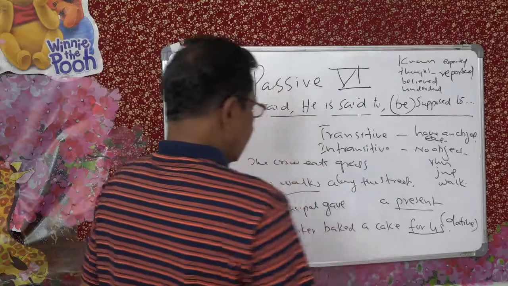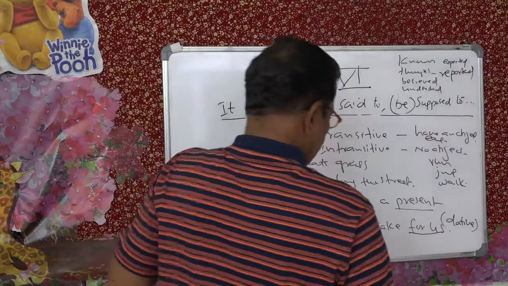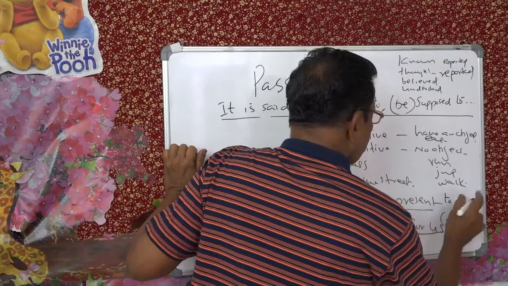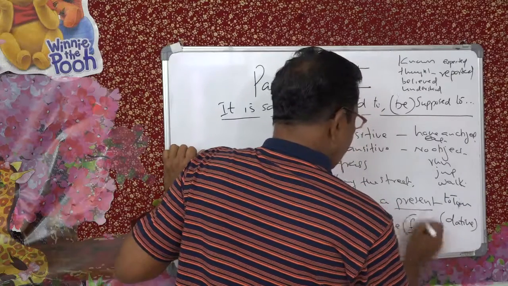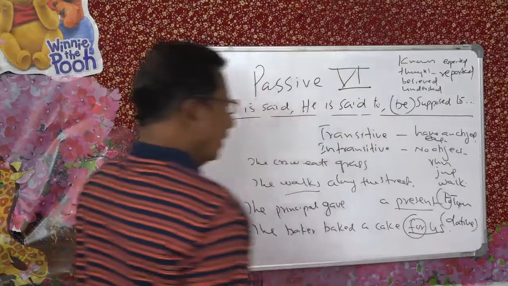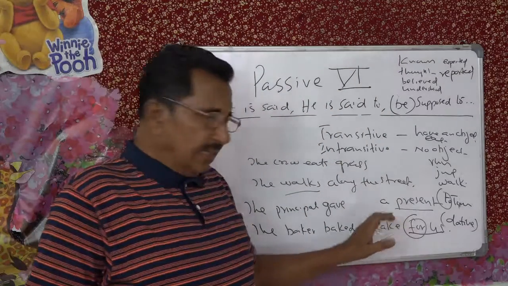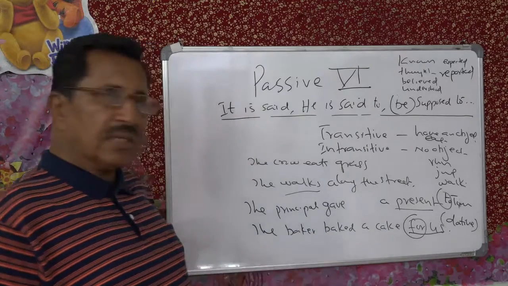The principal gave a present to Tom. So this is the dative, to Tom. But this is for and this is to. So when you have got two objects, this is a di-transitive verb. Give is a di-transitive verb, and bake also is a di-transitive verb.